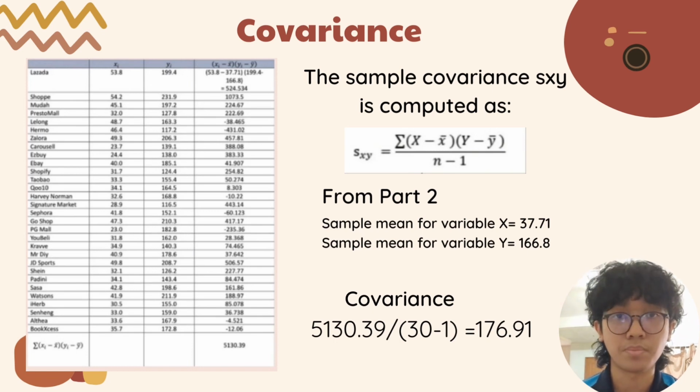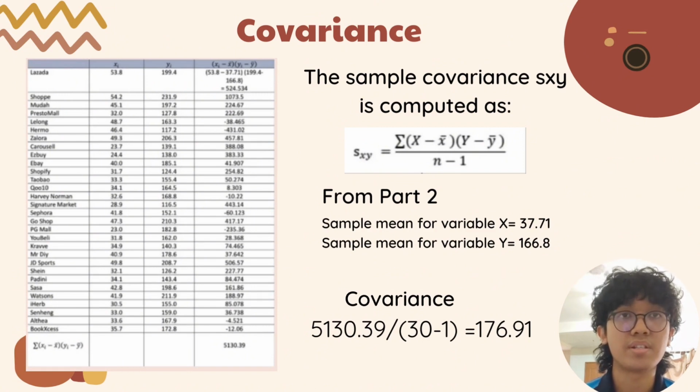From part 2, we know that our mean for x is 37.71 and y is 166.8, and the sum of the products of x and y deviations is 5130.39. Using the formula given, we get our covariance value of 176.91.